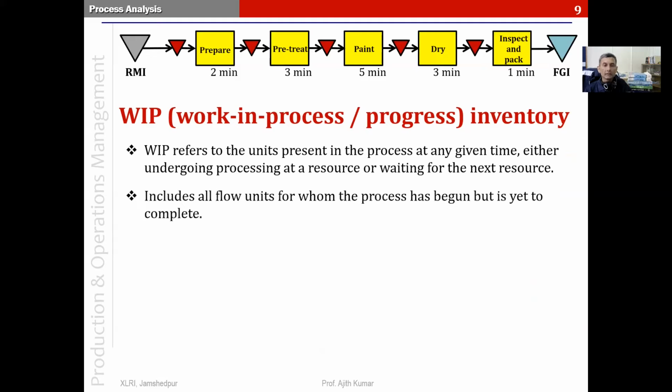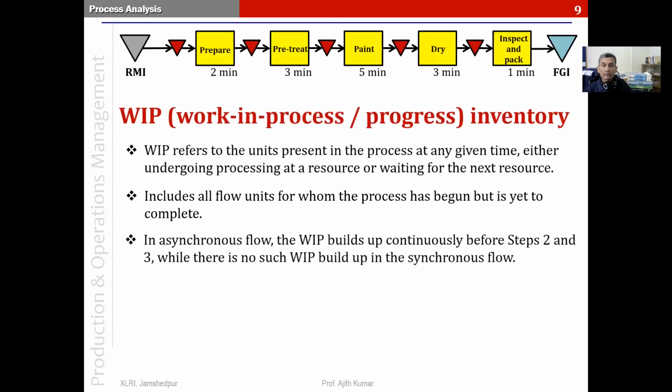The WIP, in summary, includes all the flow units for whom the process has begun but is yet to complete. In asynchronous flow, the WIP builds up continuously. In our example, you can see that it builds up before steps 2 and 3, but there is no such build up in the synchronous flow. In the synchronous flow, for any step, there is no inventory buildup at all. So this is one aspect of the difference between the two types of flow.